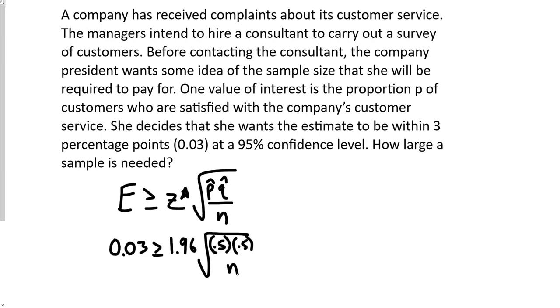So how in the world do we solve for n? Well, the first thing we're going to want to do is just split this radical to the top and the bottom. I didn't even put a division bar there. So we have 1.96 times that top part divided by the square root of n. To get rid of that, I would multiply both sides by the square root of n. So this is gone. And then if I want to solve it for the square root of n, let's just show this here.